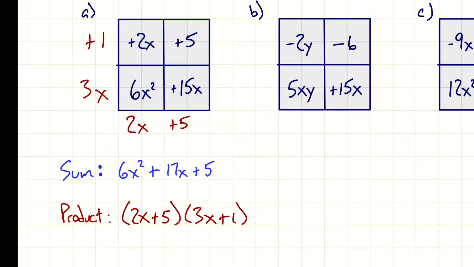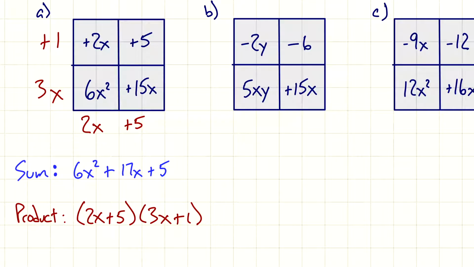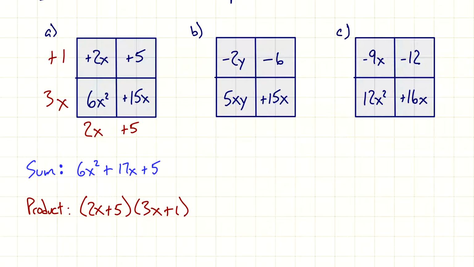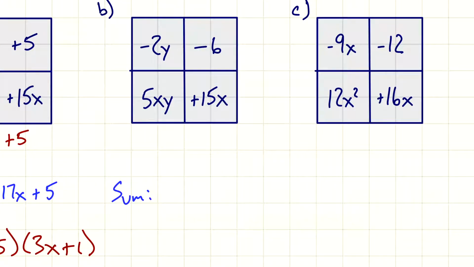Let's see. We have a couple more of these to do. And so we'll kind of repeat the same process. Let me zoom into that. We're looking to write the sum. And so let's see. If we look at all the terms inside, I don't see any like terms.